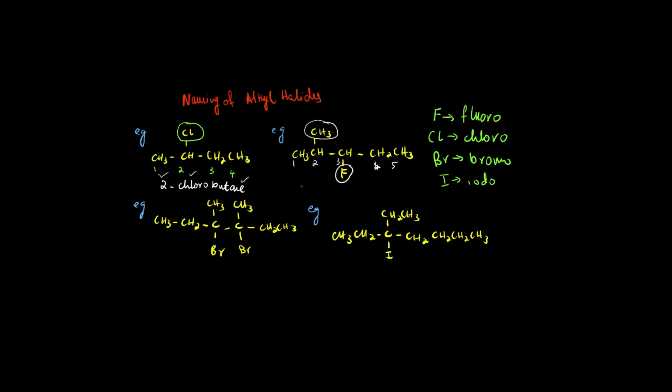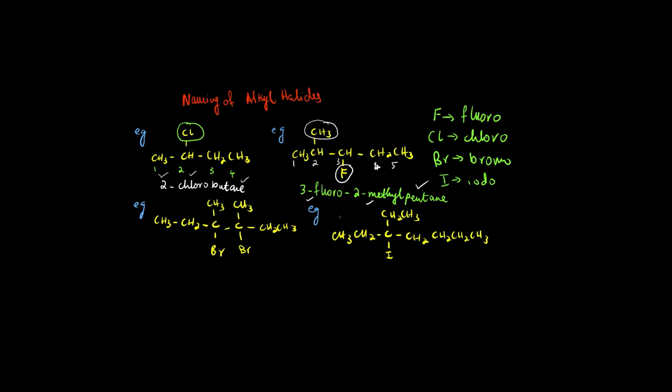It will be 3-fluoro-2-methylpentane. Now let's go through this name that we've given. 3-fluoro because fluorine is on the third carbon, 2-methyl because the methyl group is on the second carbon, and pentane because it is a 5 carbon long chain.